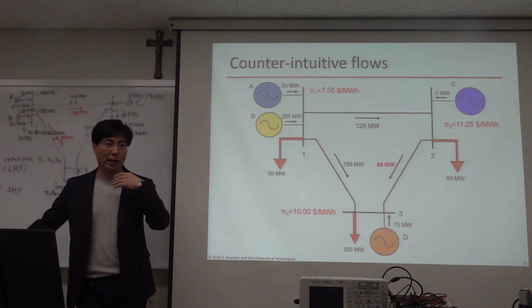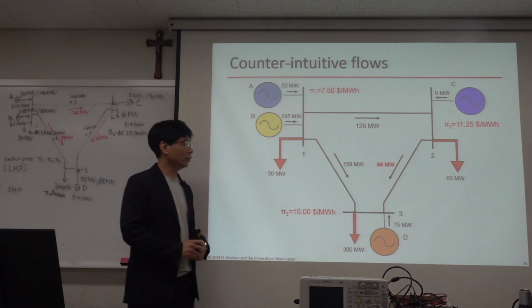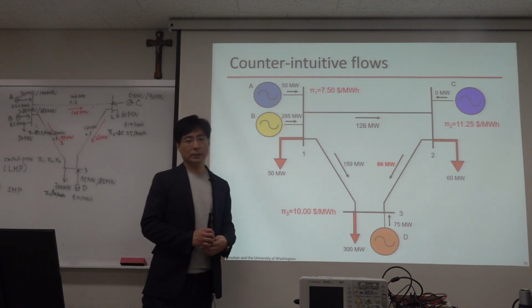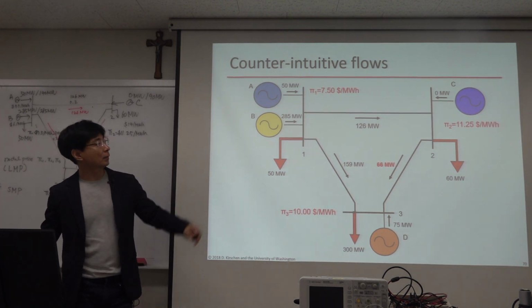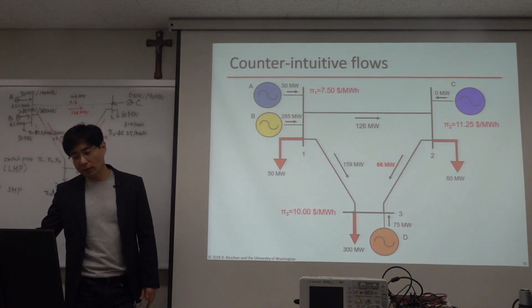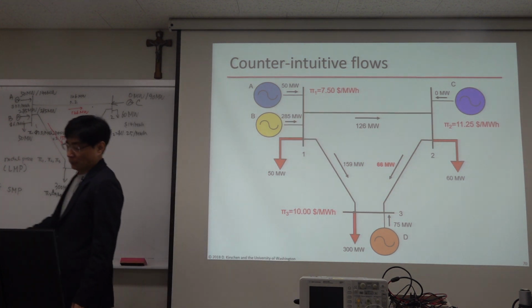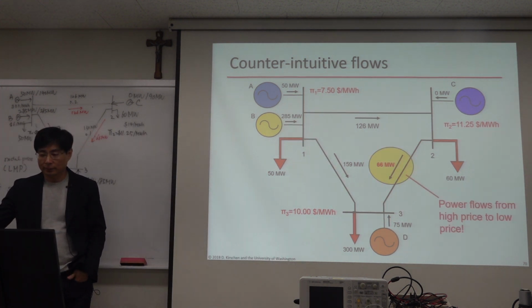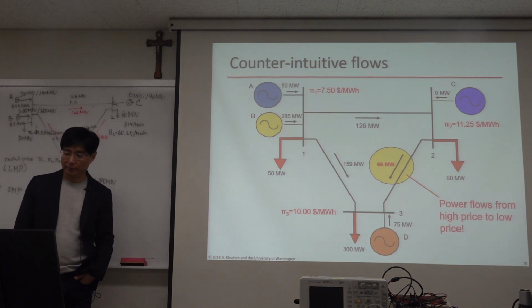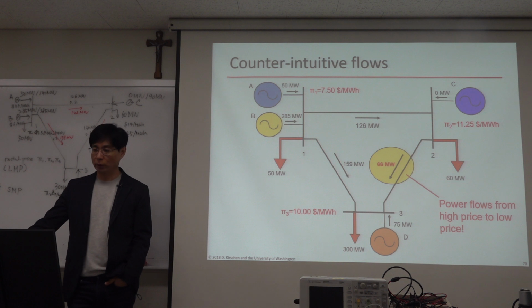So you want to exercise your market power somehow. Who can do that? Just guess. A, B, C, D. Well, it's not clear now, but somebody can do that, okay? Power flows from high price to low price. Counterintuitive flows.